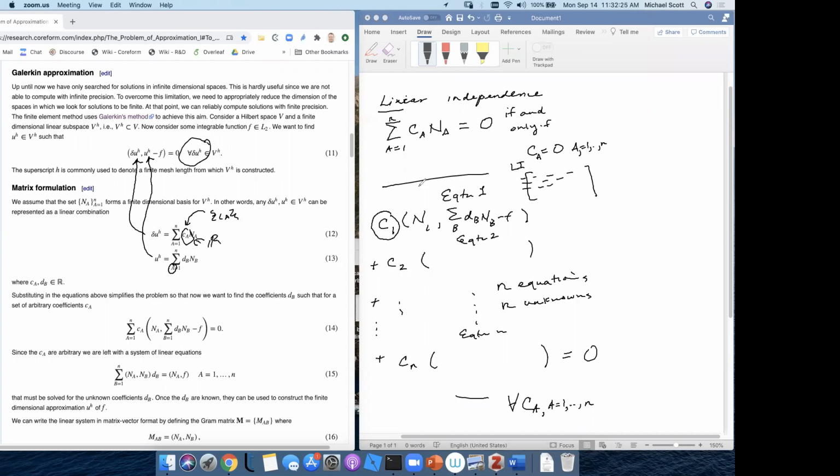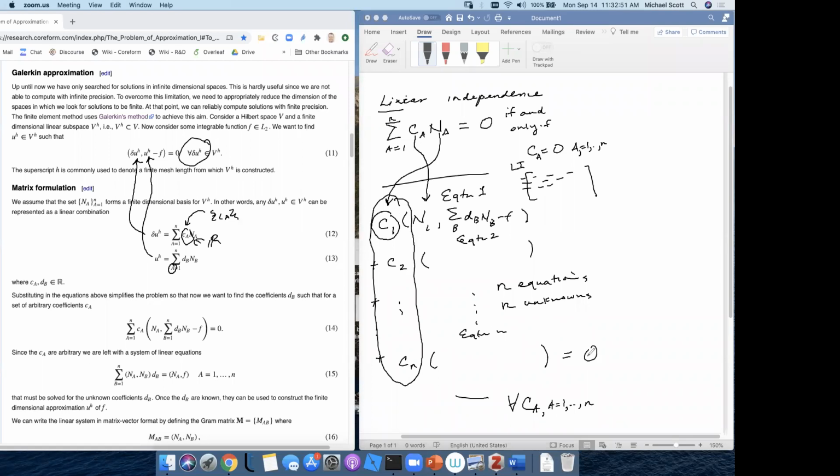Because the c_a's may be non-zero. So it's kind of like in this definition up here, where the c_a's are the d_b's and the n_a's are the c's. But it's expressing the same idea, which is we have a linear combination, we've set it equal to 0, and these guys are arbitrary.